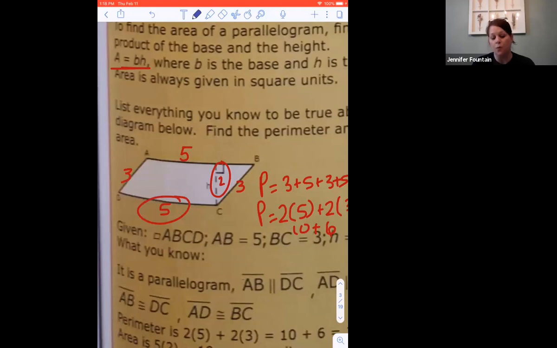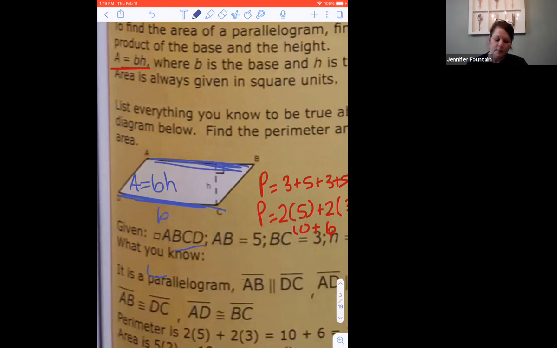But then for my area of a parallelogram, remember, area equals base times height. And remember, our base is going to be this one. Now, it could be this one. It depends on which one is marked, but usually it's going to be the bottom one.